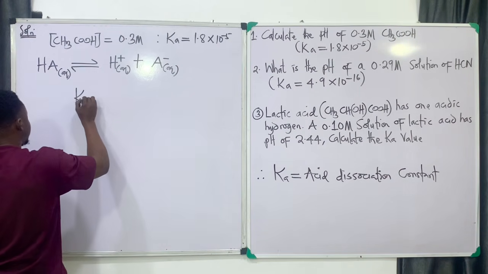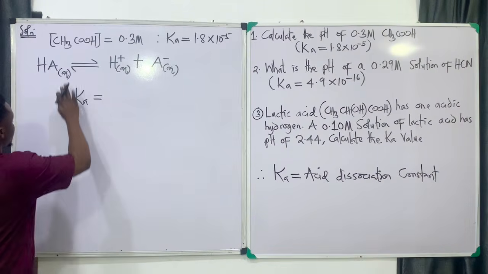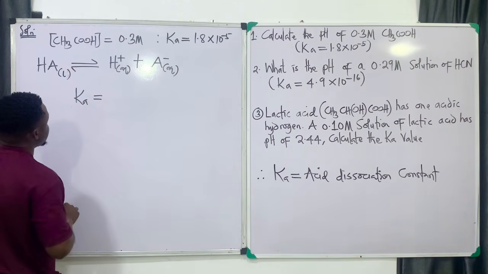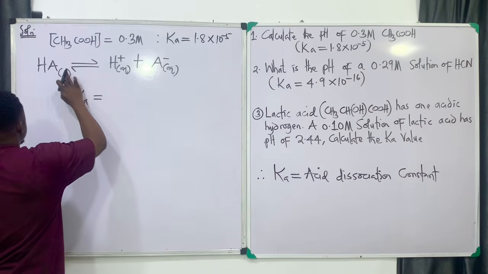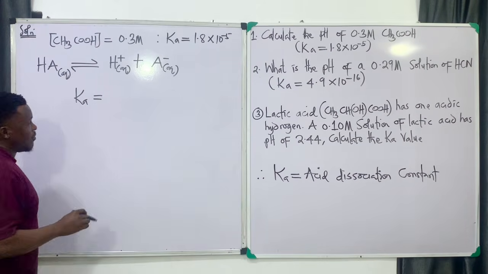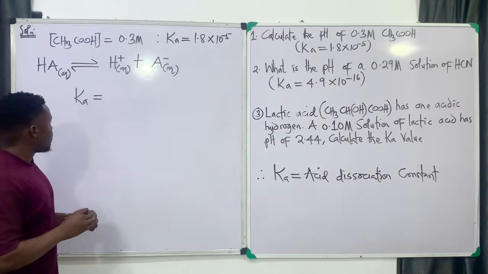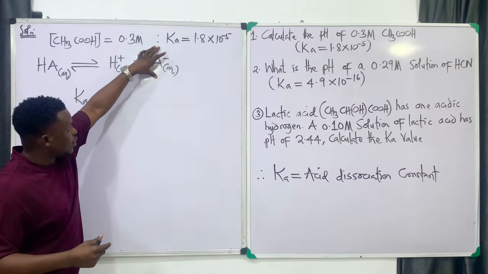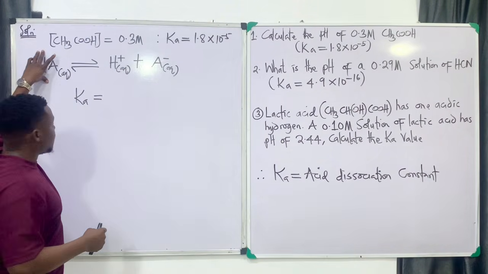Now the Ka for this: the acid dissociation constant is written as the ratio of the concentration of the products to that of the reactant.